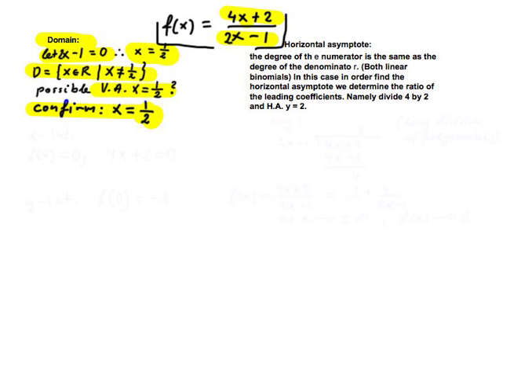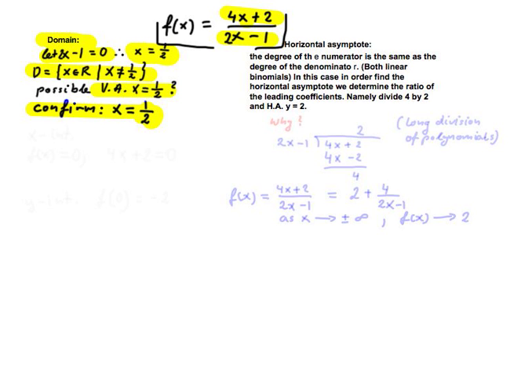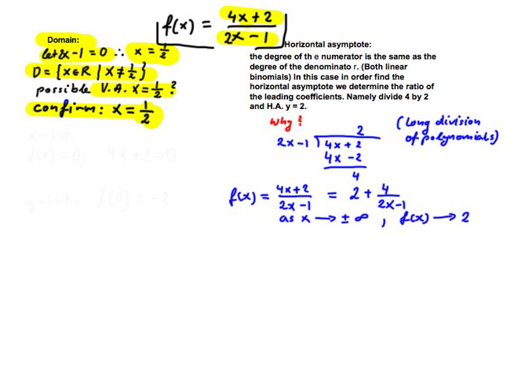And this is the reason why, as I mentioned, when you do the division, so over here you see the division, when we divided the top expression by the bottom expression, as a result you'll see that this is equal to the constant value 2 plus 4 over 2x minus 1. This is the remainder.